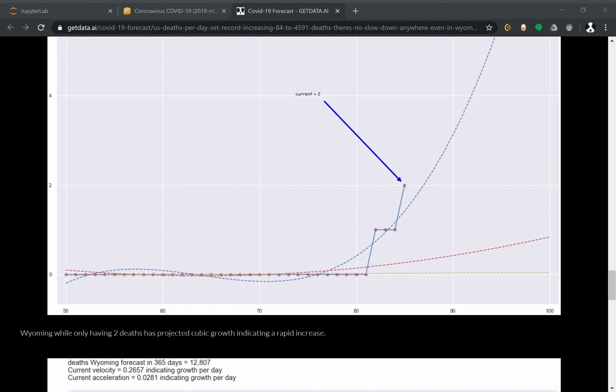Okay, now let's look at South Korea. South Korea, which I think is the best case for where we can go. So here's South Korea, again, x-axis time, days since the infection.